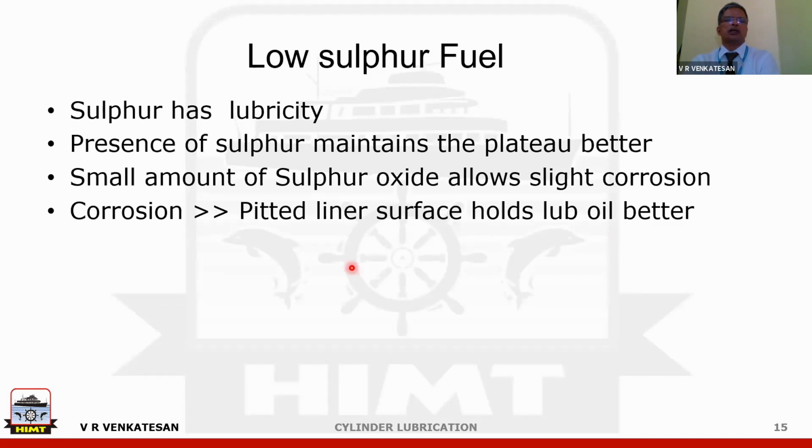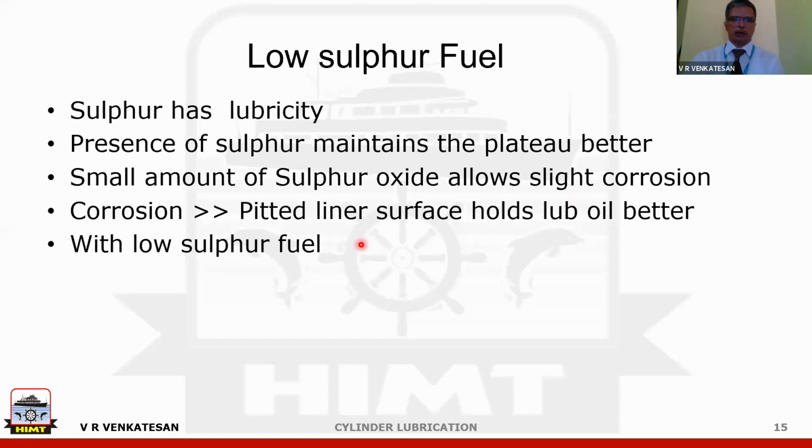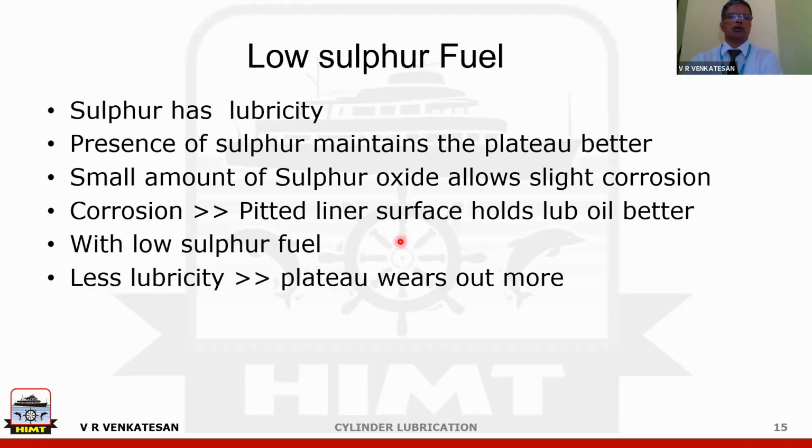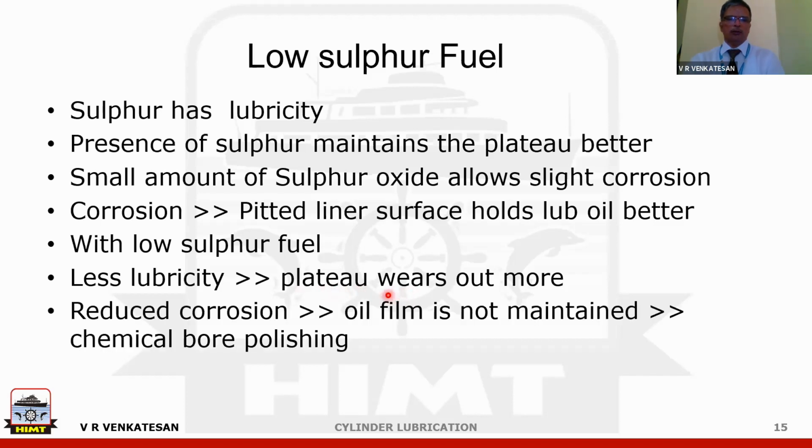So what is being suggested is sulphur in large quantity is bad, but sulphur in smaller quantity is actually better for liner lubrication, because it will keep renewing the liner surface, which will hold the lube oil. So what is happening with the low sulphur and ultra low sulphur fuel is that, first of all, this liner itself wears out more.